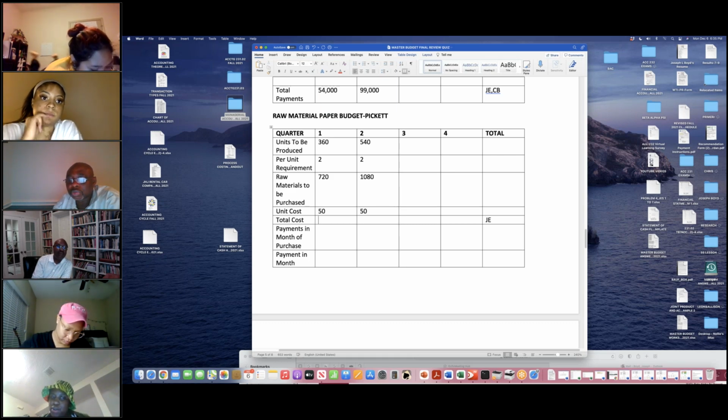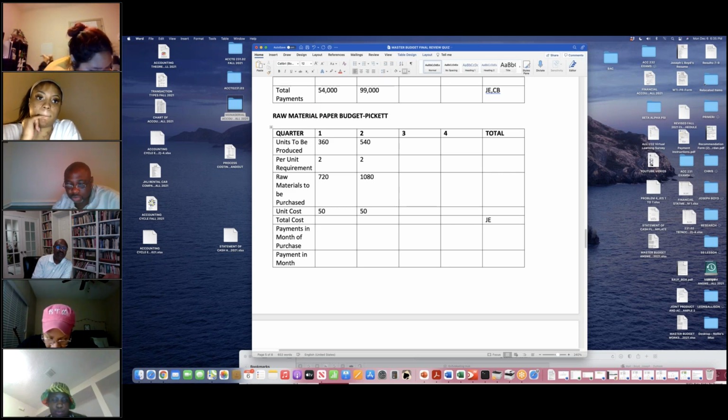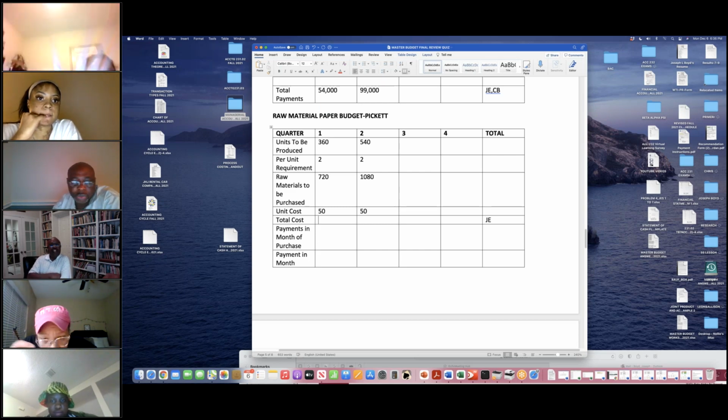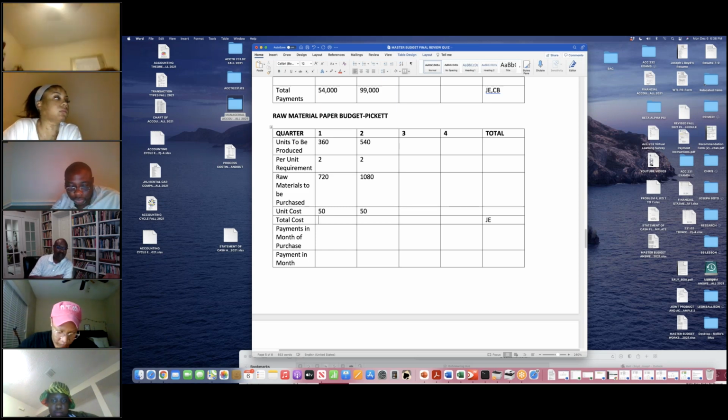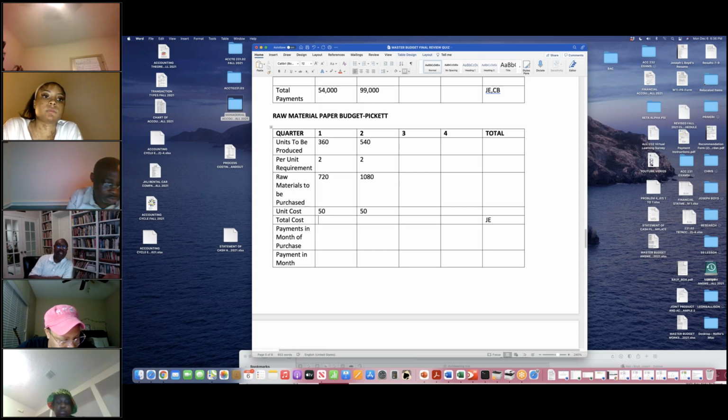Do we add up all 3 or do we multiply? Okay, you got 360 books to make, and the per unit requirement is 2. Well, let's look at it this way. Suppose you can work 2 hours to make some stuff, you had to make 360 of them.